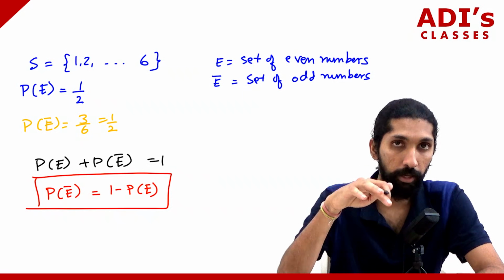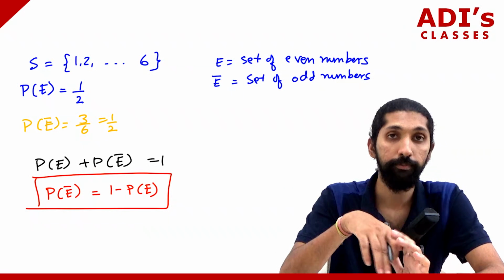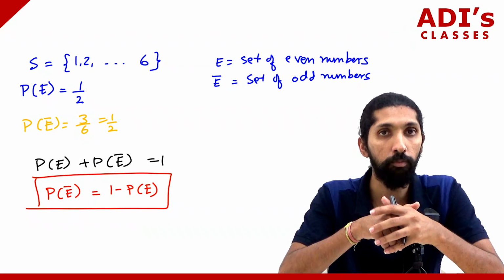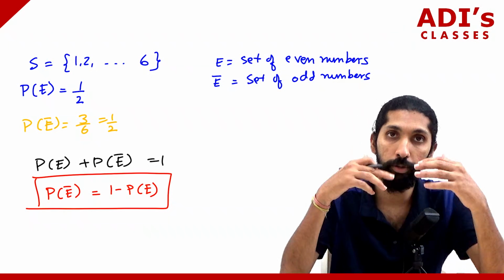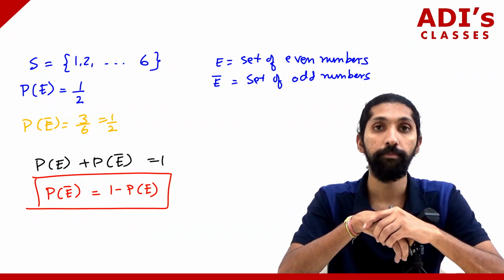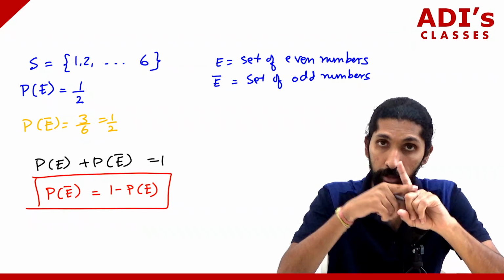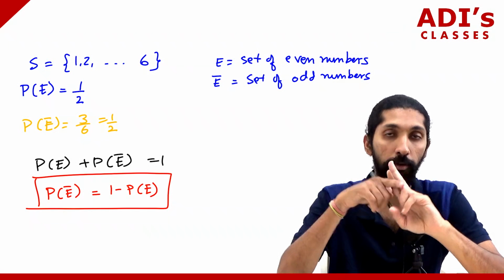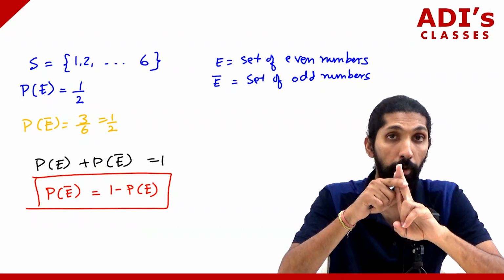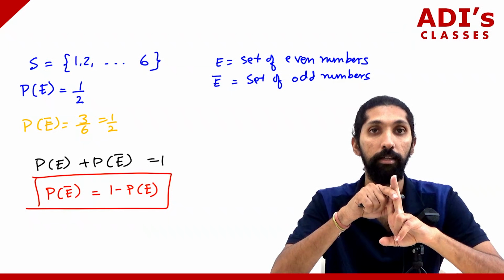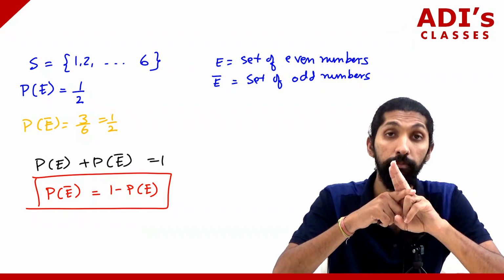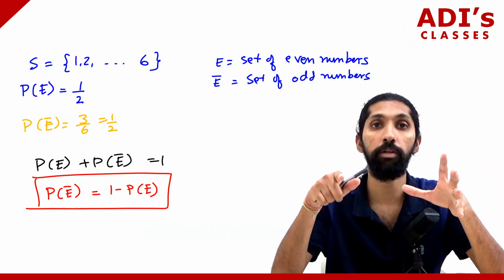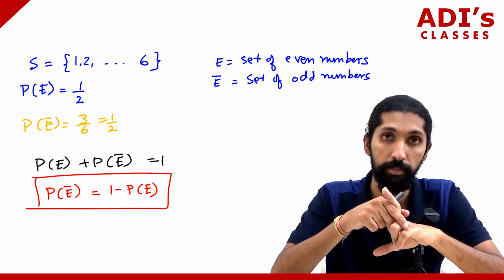Whatever we have done so far in this video is the basis for the upcoming problems, and I would say for the entire probability you are going to learn. So remember, the first is the empirical formula, n of E by n of S. Second, if the probability of an event is 1, then we call it a sure event, or you can say the event encompasses the whole sample space.